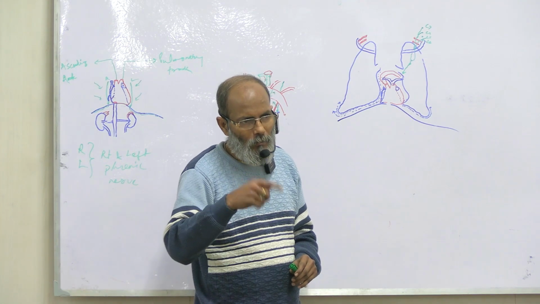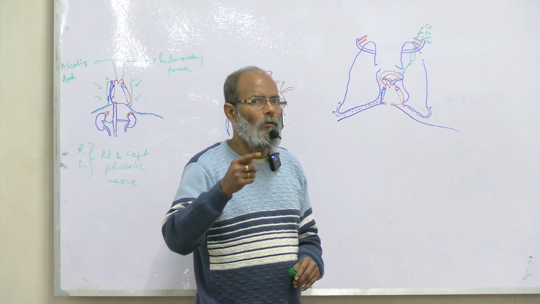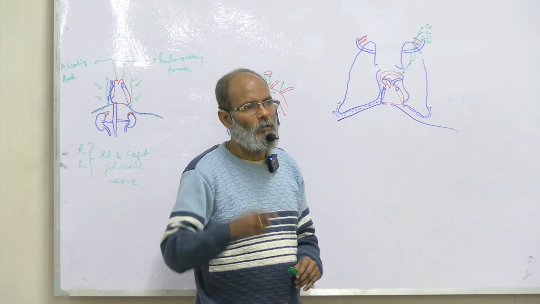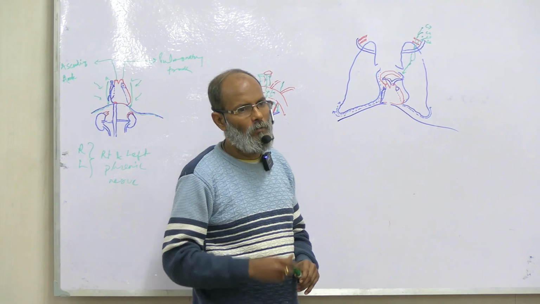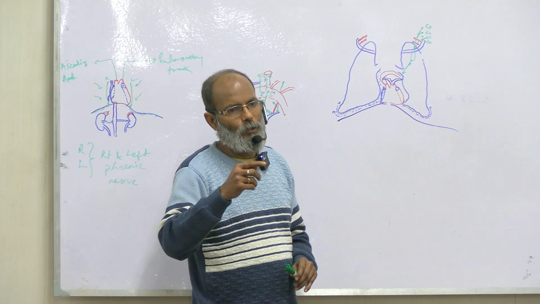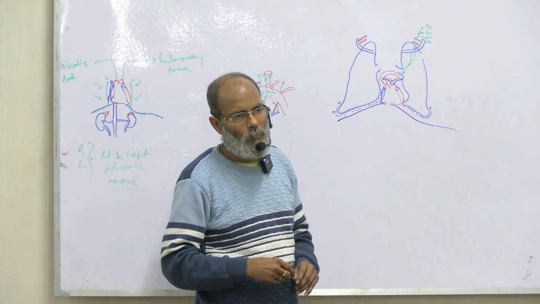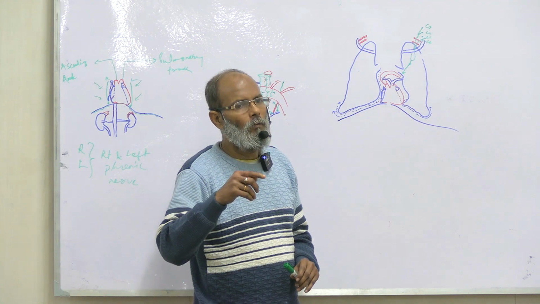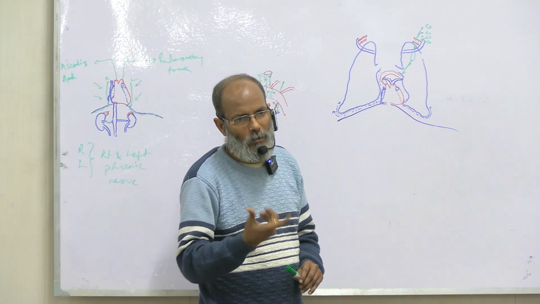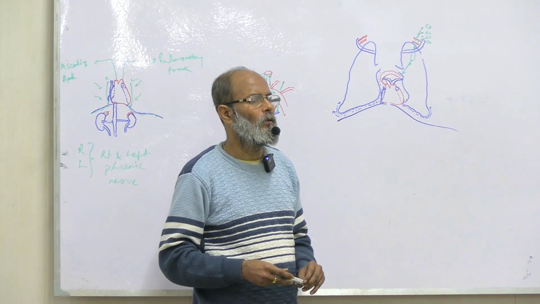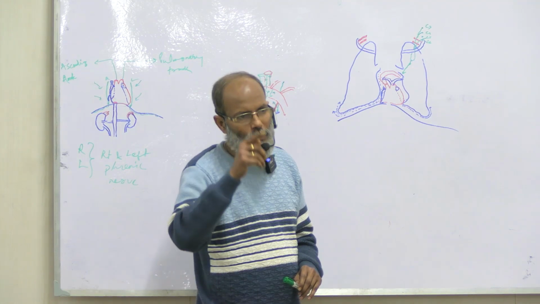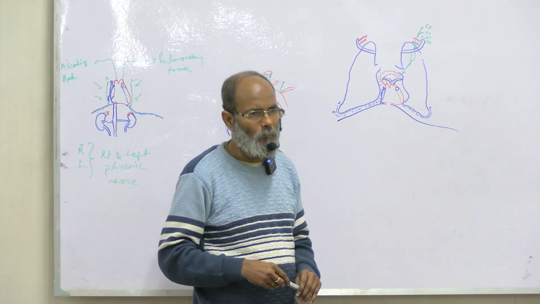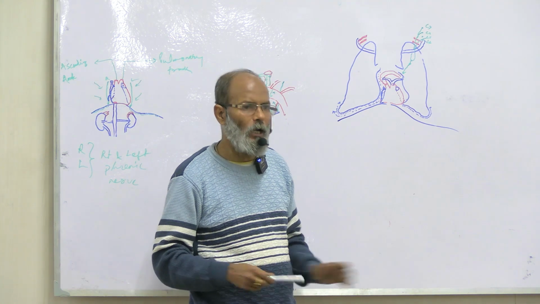There is one branch that joins with C4 and C5, hooking the subclavian vein and forming the C3, C4 and C5. This is the phrenic nerve on either side.